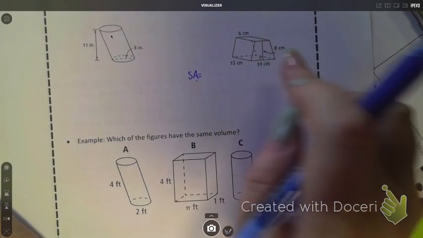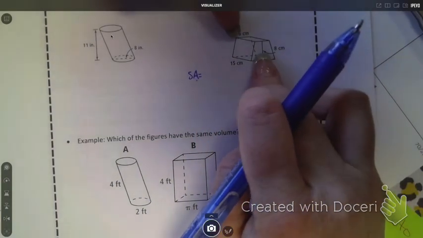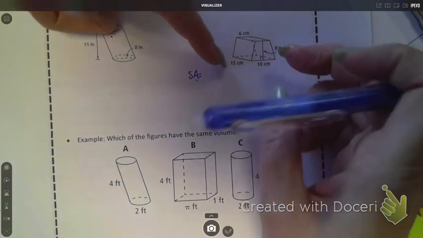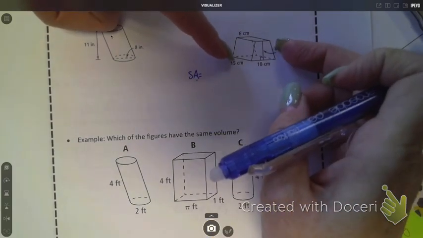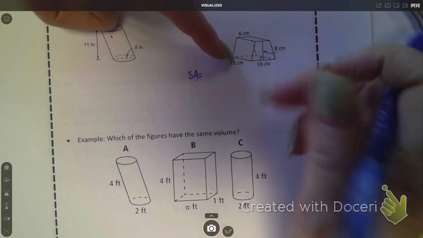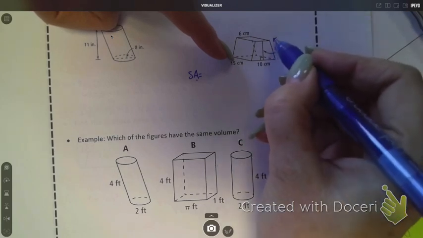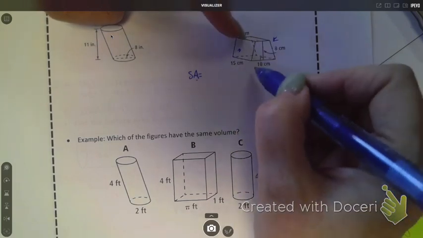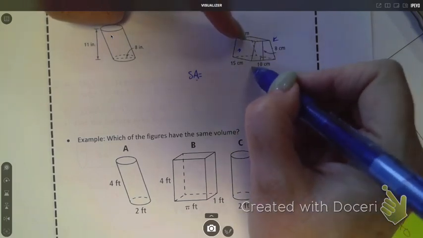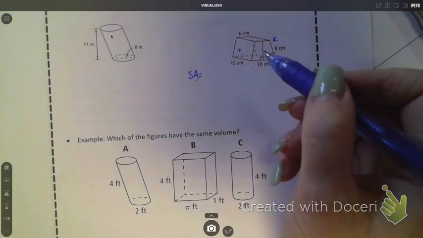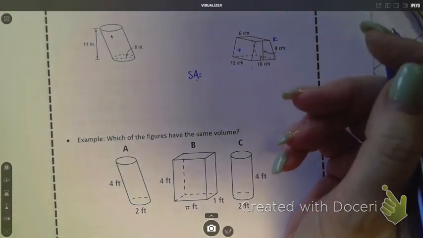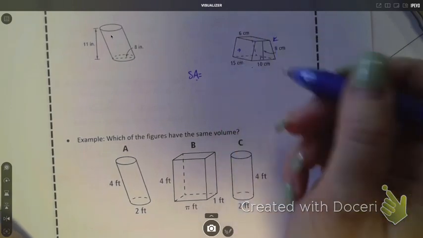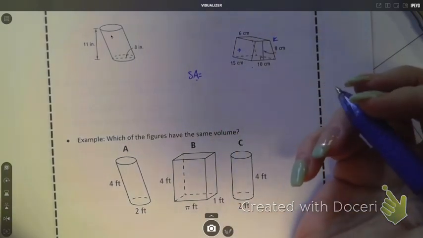We have a front and a back that are the same. Are the two sides going to be the same? Yes. How about the top and the bottom? Are they going to be the same? No. So sometimes you have two and sometimes you do not. So let's do the front and the back and the sides because we have two of those.